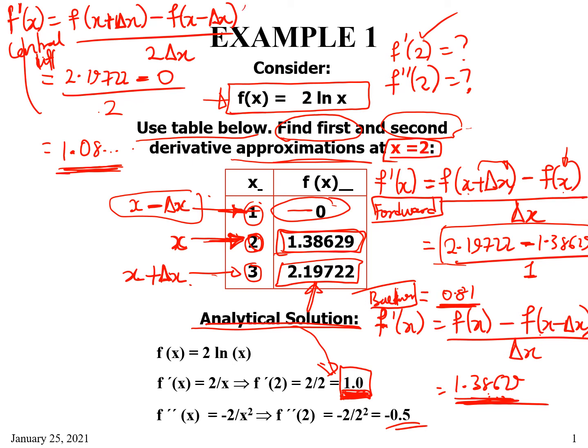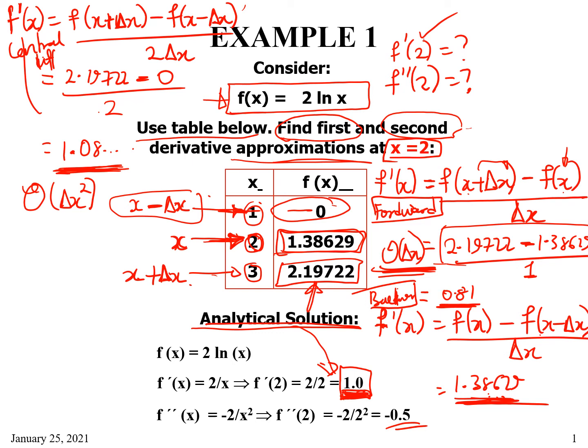What's the order of accuracy of the central difference? Order what? Is it delta x? No, it's delta x squared. These other two are order delta x. We discussed that in the derivations. And that's what you're seeing with a numerical example.